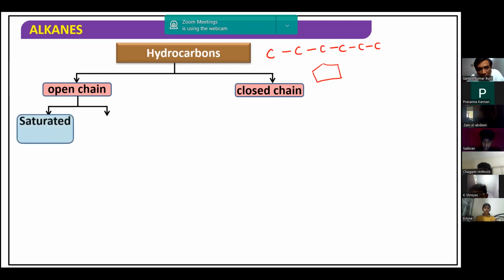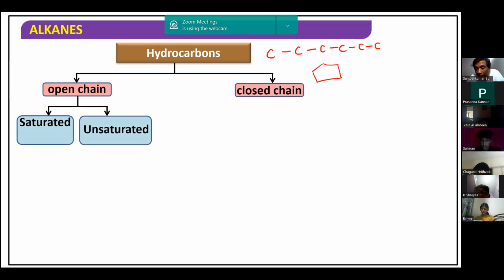Further, we can classify open chain hydrocarbons as saturated and unsaturated hydrocarbons. What do you mean by saturated and unsaturated? I hope all of you know. Can anyone tell me? Saturated is very simple.